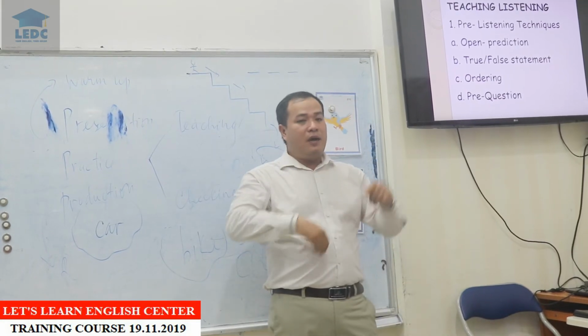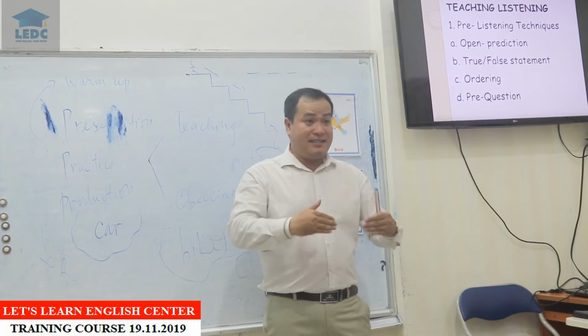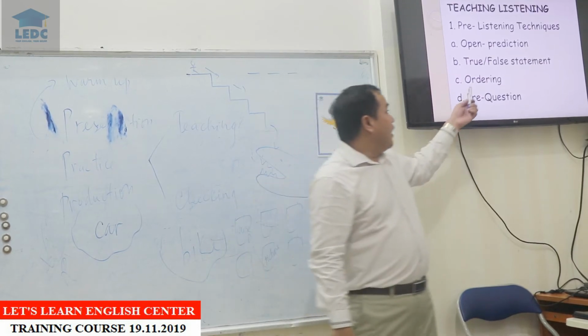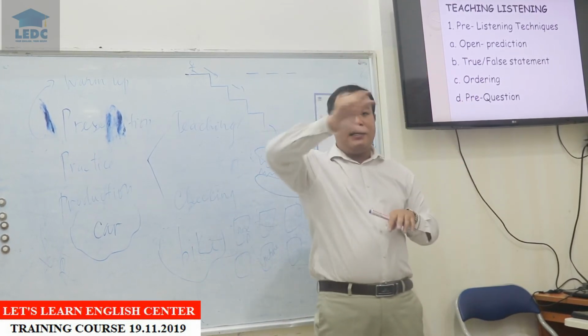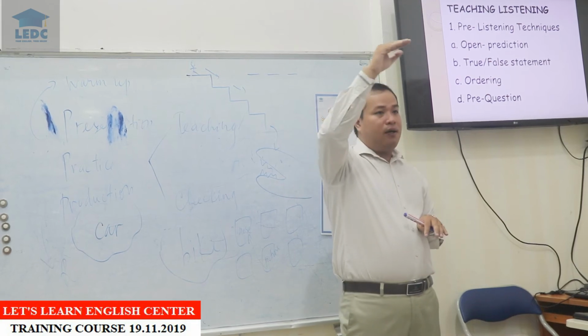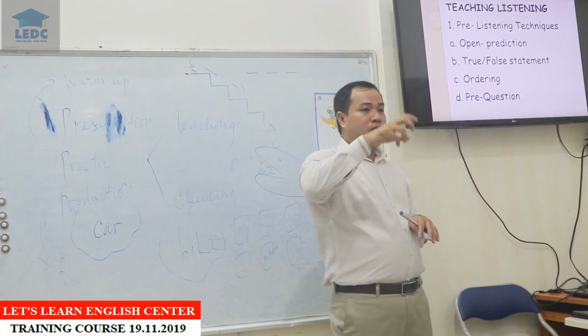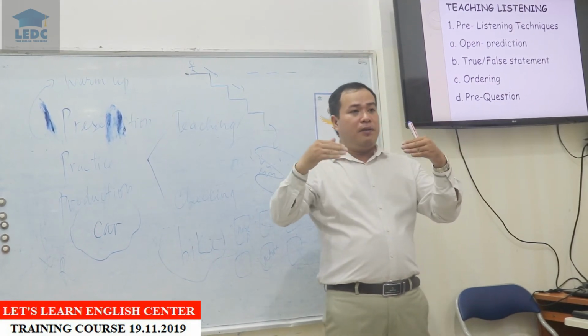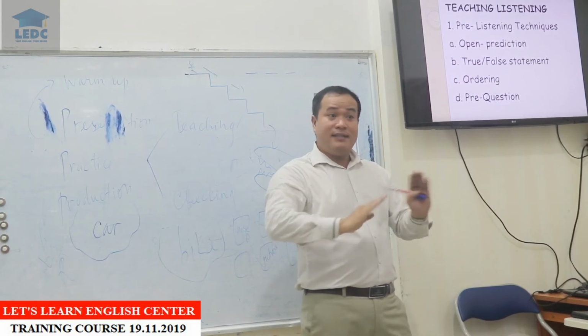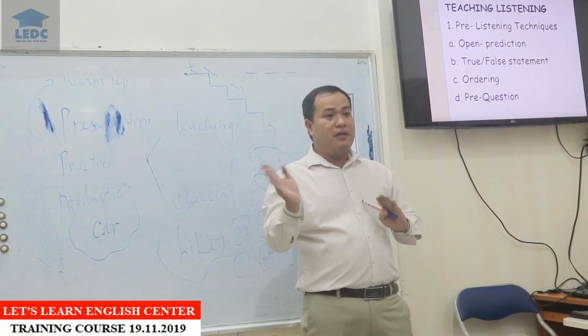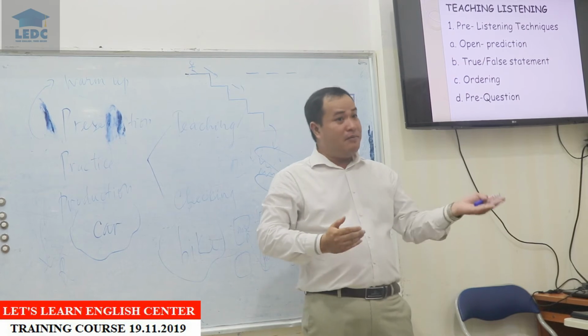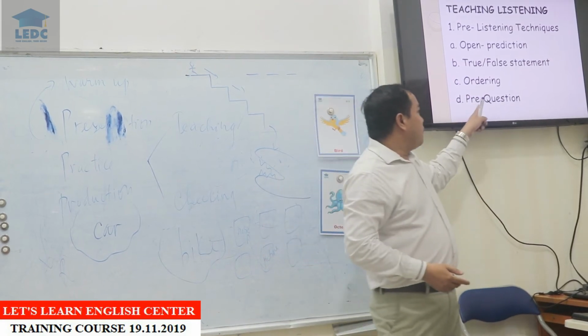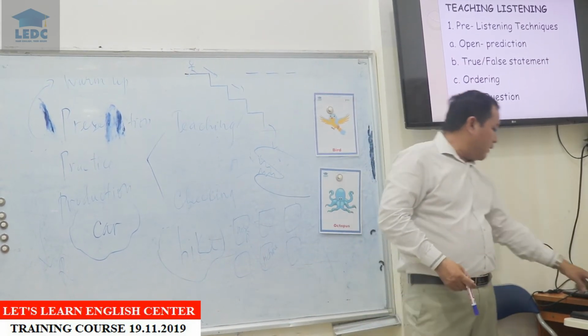And then you will ask them to guess first. Just guess. Right, and ordering: you put these ideas in order, and after that you ask them to put them in order by guessing. Don't worry about correct or incorrect. Maybe you are correct, maybe incorrect. Okay, bridge questions, something like this, right?